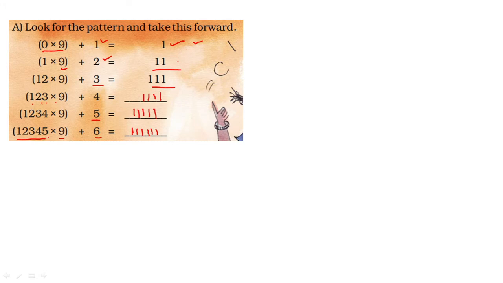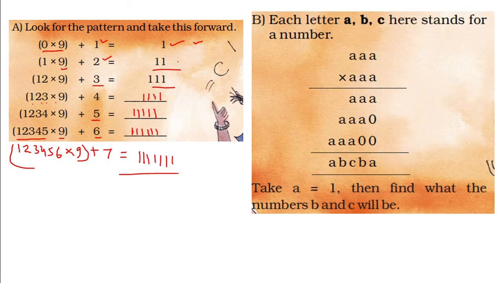You can take here 1, 2, 3, 4, 5, 6 into 9 plus 7. So 7 times 1. 1, 2, 3, 4, 5, 6, 7. Okay. So this is the pattern in the multiplication. So let us see next pattern.